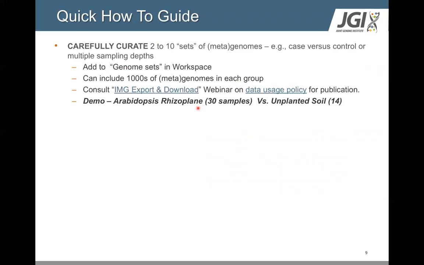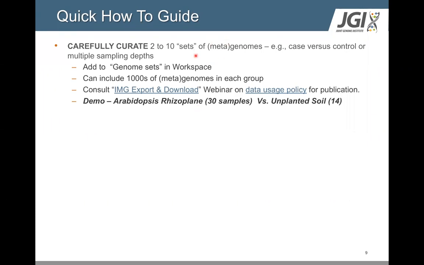So they kind of won out by voting for metagenome-based webinars. I'm going to be comparing samples from the same study. We have 30 samples that originate from Arabidopsis rhizosphere. And within that same study, they had a control set of about 14 samples that came from unplanted soil. And so we're going to be doing a statistical test on these 2 groups.